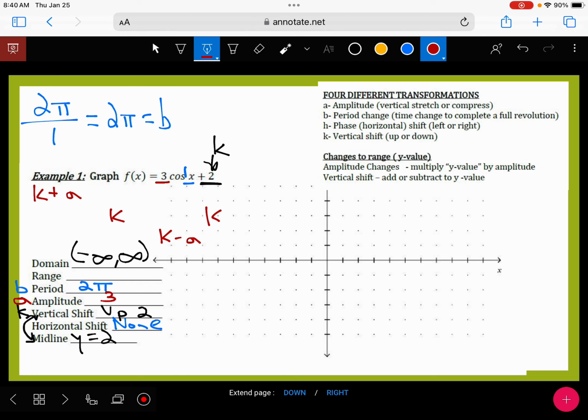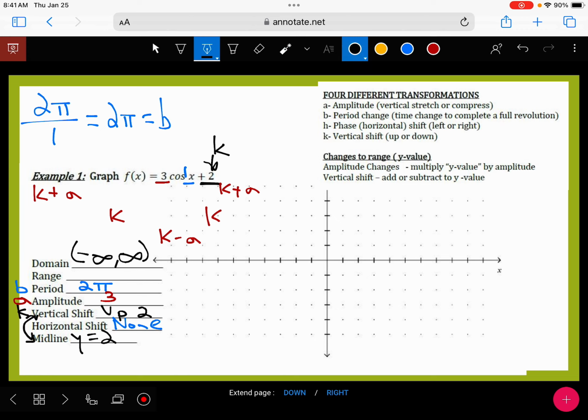And then it goes up to its k. And at the completion of the period, it finishes at k plus a. So if you remember this pattern, these 5 values, starts at k plus a, then goes to k minus a, k, and then k plus a, you'll be able to graph any cosine. And the great thing is we already solved for k and a. A is the amplitude, k is the vertical shift.